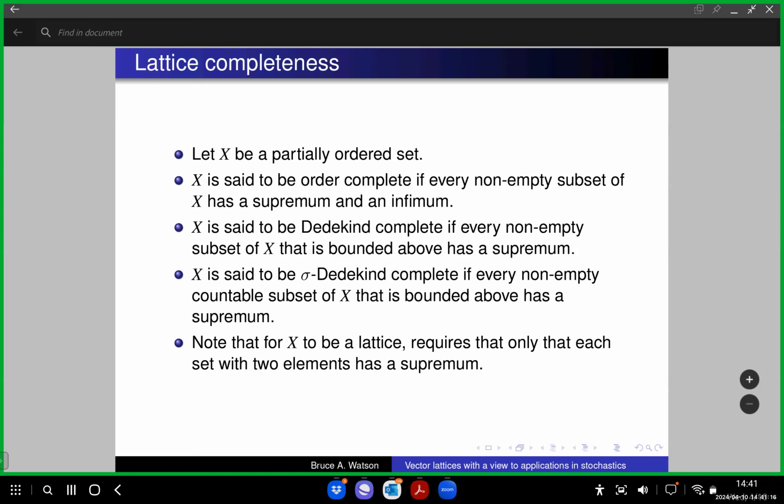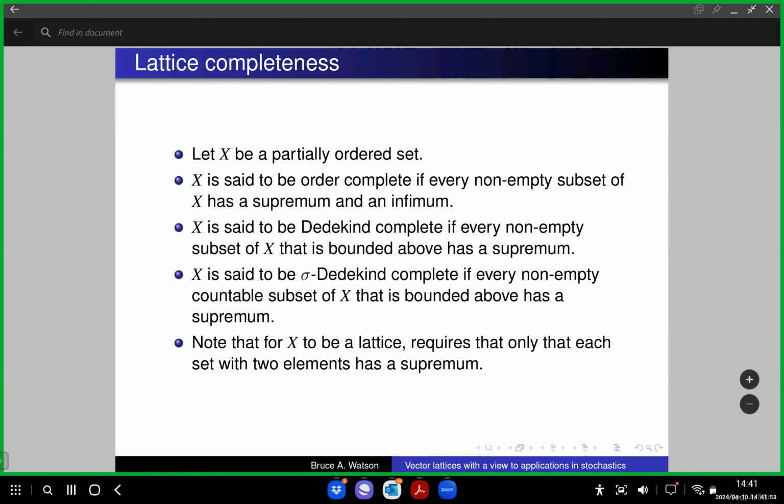Now, it's very easy to see that the reals is not order complete. For your set X to be order complete, it requires boundedness of it. So our function spaces that we talked about are not order complete, but when we start talking about the set operations on the power set, then we start getting order completeness.